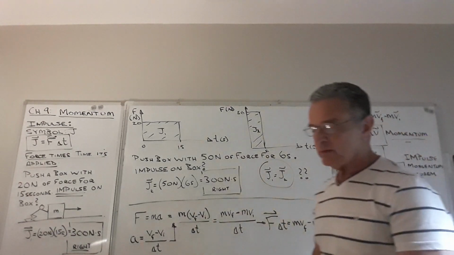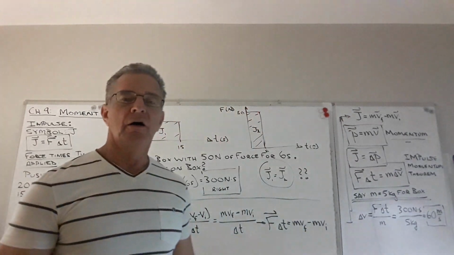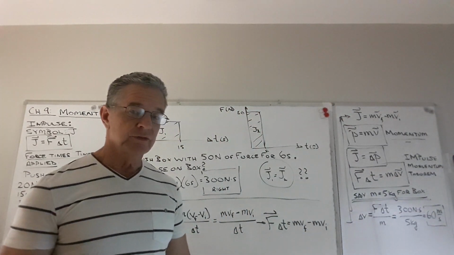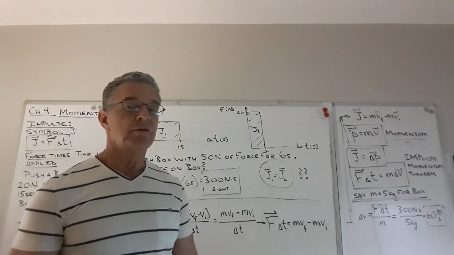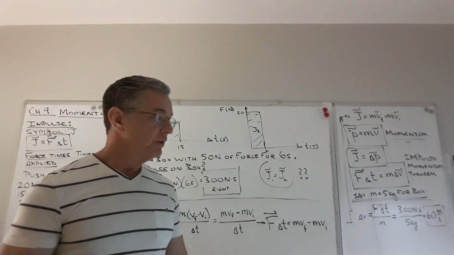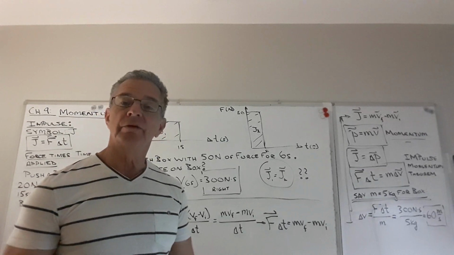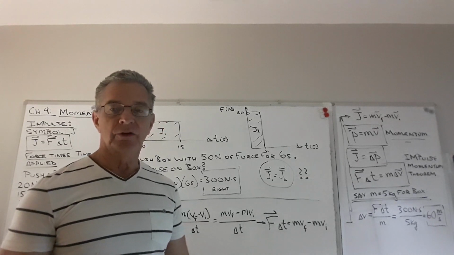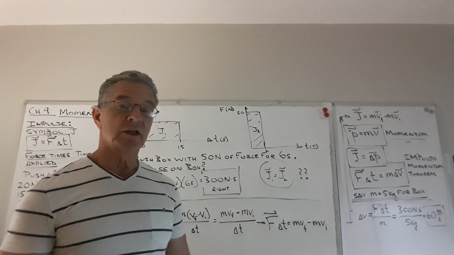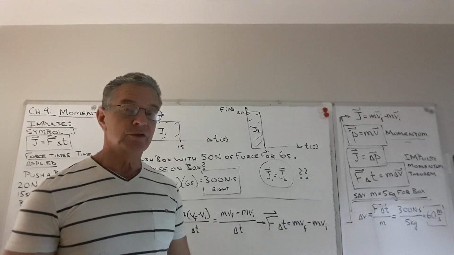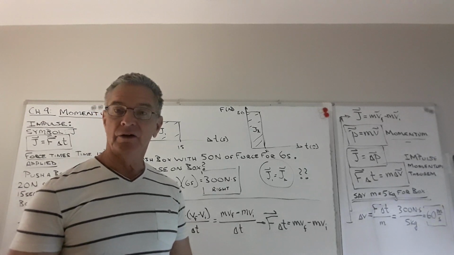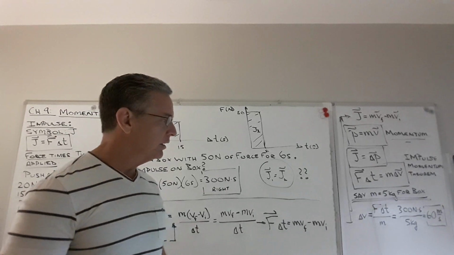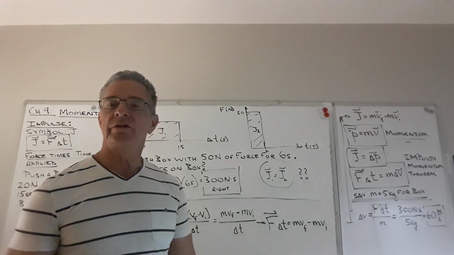So in both cases, whether you apply a small amount of force for a long time or a larger amount of force for a shorter time, the total change in the velocity of the box was 60 meters per second. So there was something similar about the two problems. The change in velocity was the same, and we used the impulse equation to solve for that.